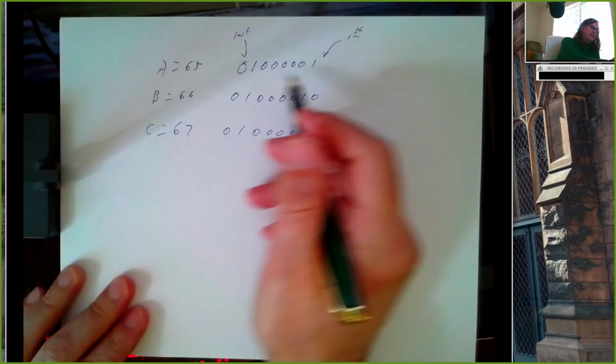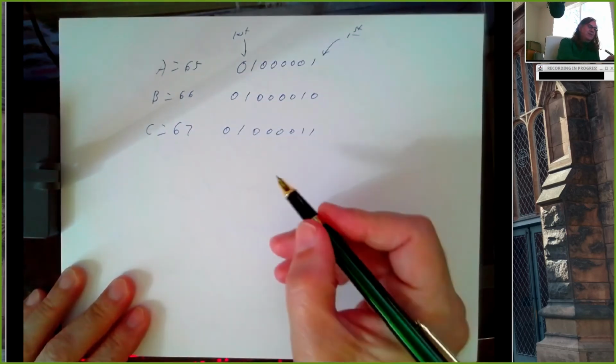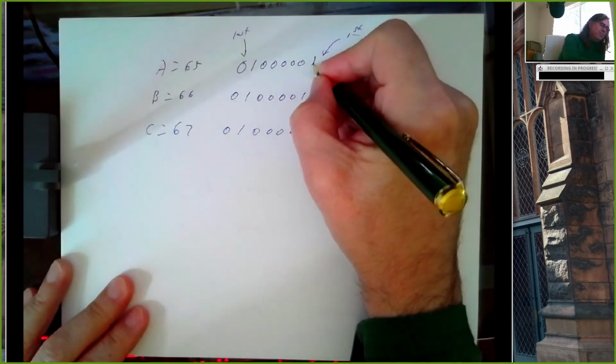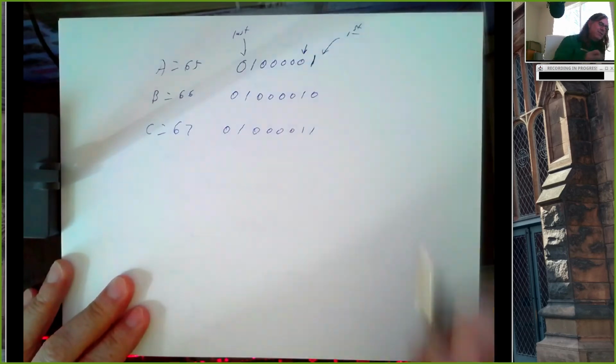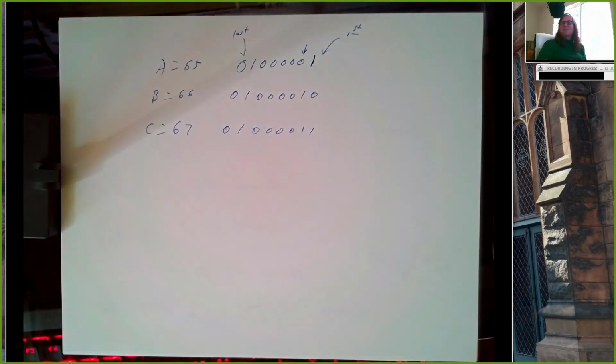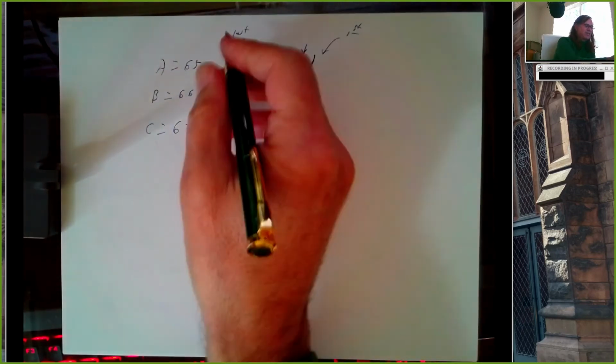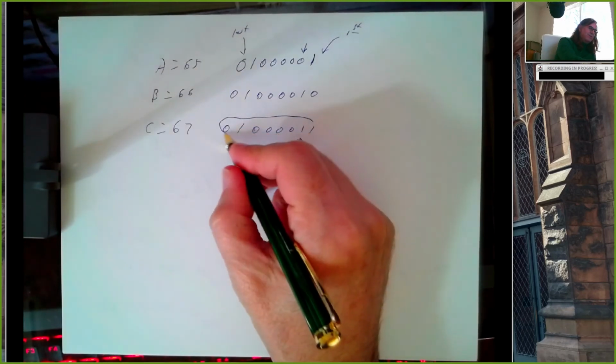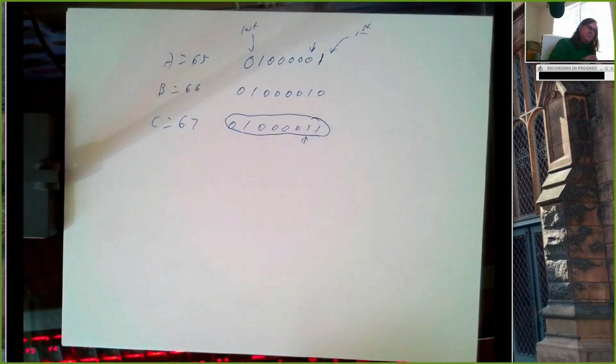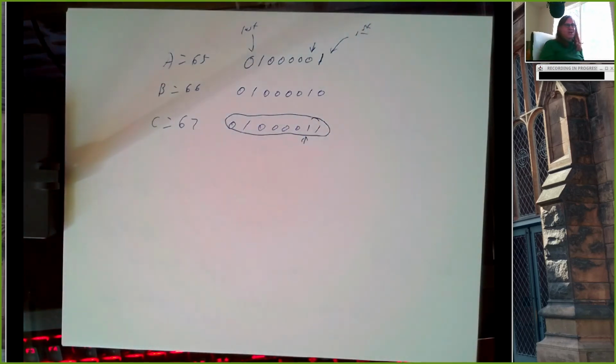That bit pattern starts being sent, but when this bit gets sent, a car backfires outside, and the receiving computer thinks that's actually a 1. So I sent an A, but the receiving computer saw the letter C. And now somebody's grade just changed.